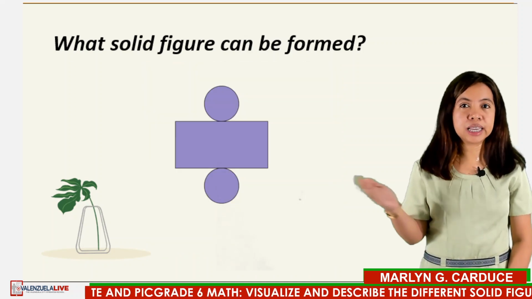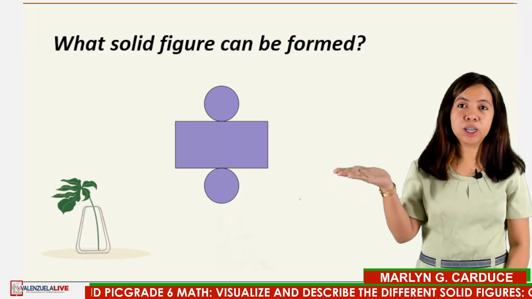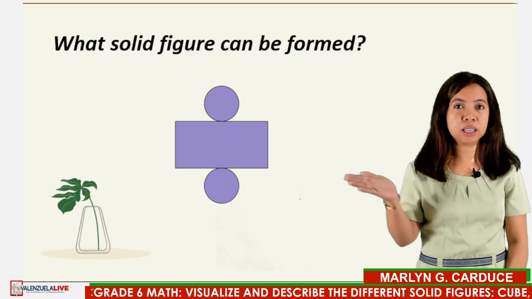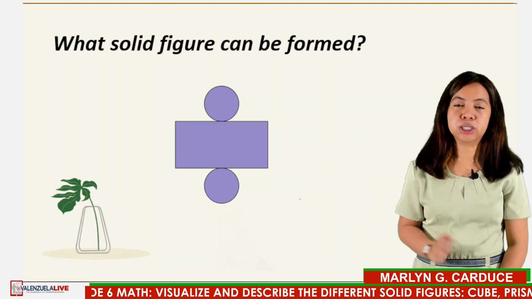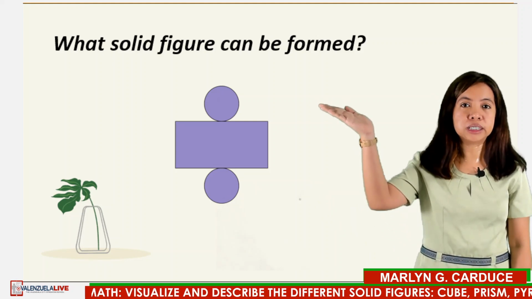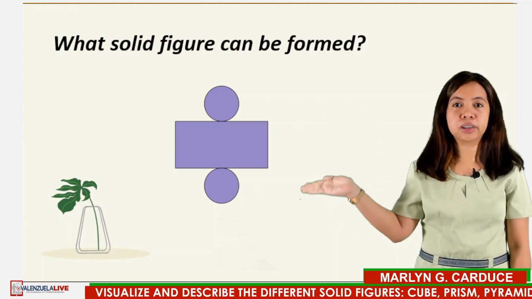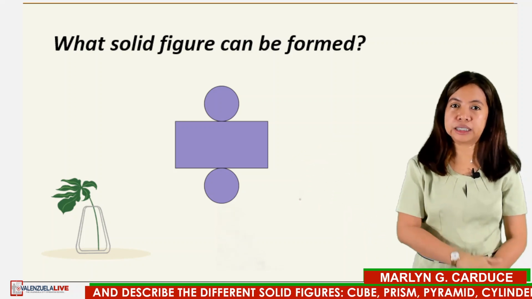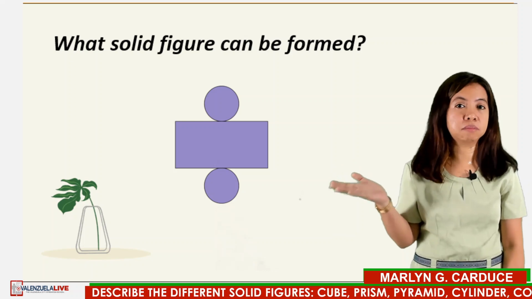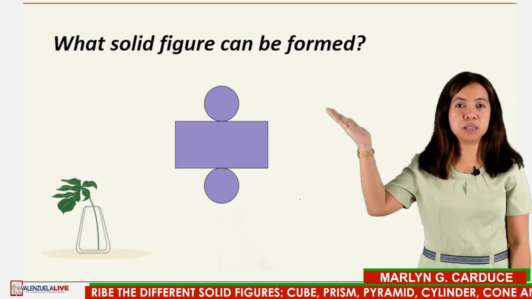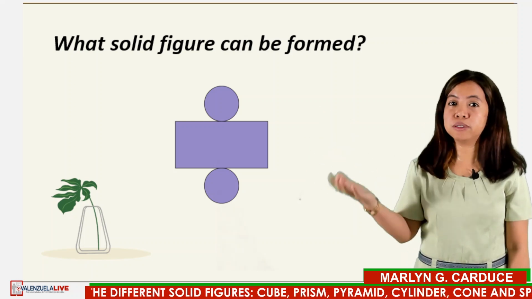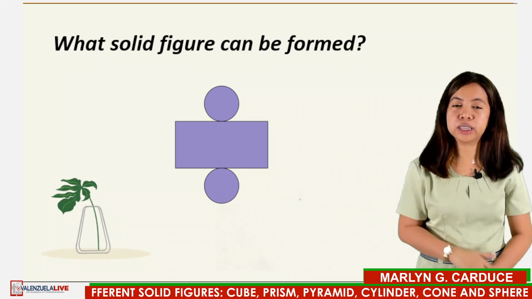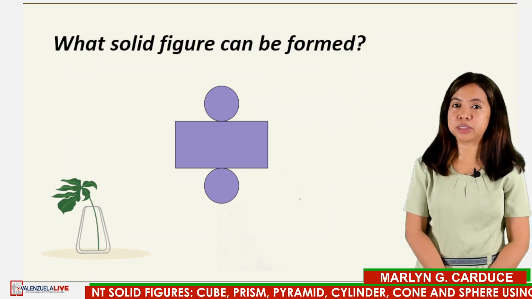Another example of a net. What do you think will be the solid figure that can be formed out of this? If we have two circles, the one at the top and at the bottom, and a rectangle. So if we fold these three plane figures, what do you think is the solid figure that will be formed?